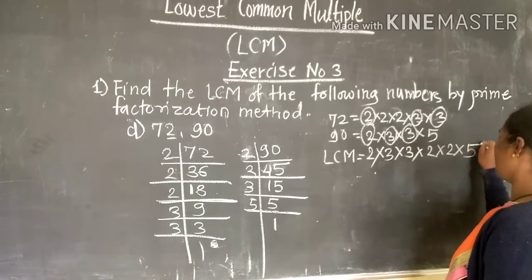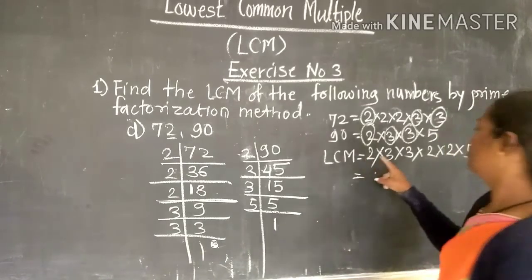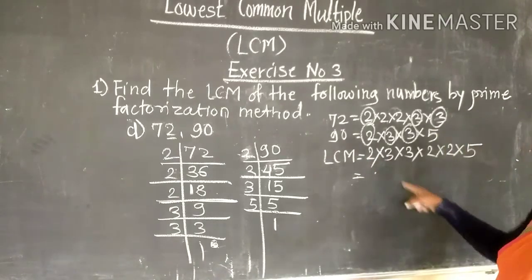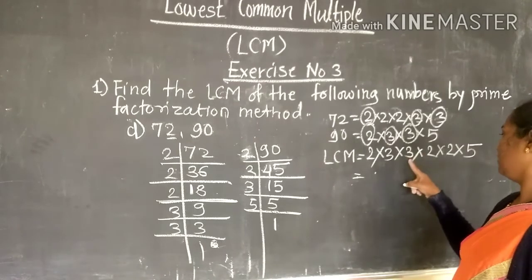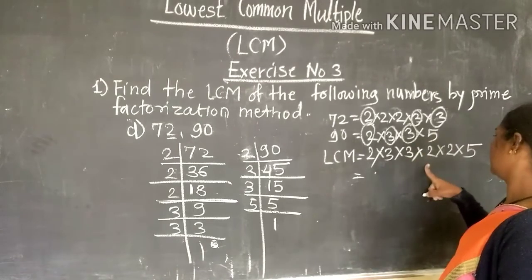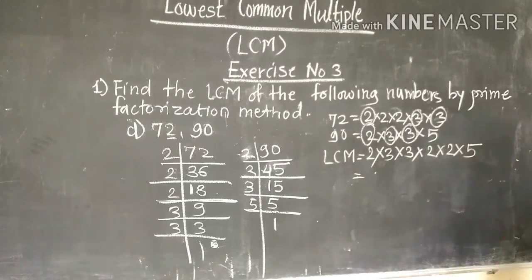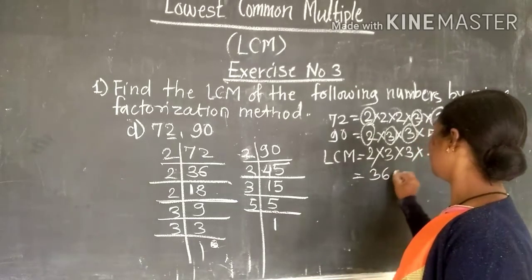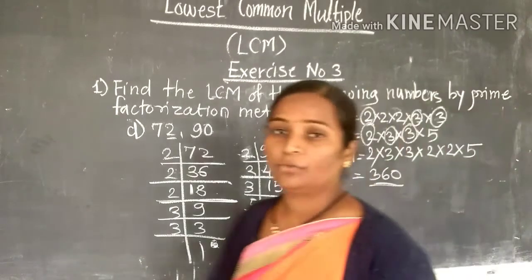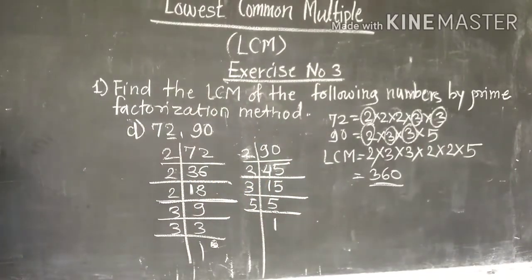Make the product, what will we get? 2 3s are 6, 18, 36, then 2 and 5. Yes, you will get 360. Do it, you will understand. 360 is your LCM for this 72 and 90.